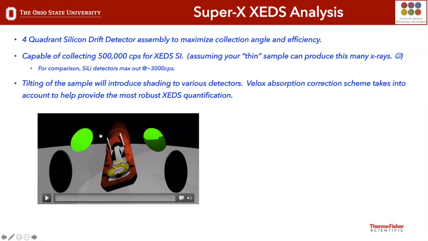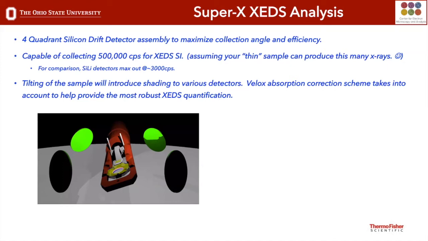You can see here in the schematic, we have our TEM rod holder, and you have these 4 detectors. These 4 detectors sit so close that they basically fill a solid steradian. What that means is, well, I won't say we capture all the X-rays because we don't, we capture a very large portion of the X-rays.